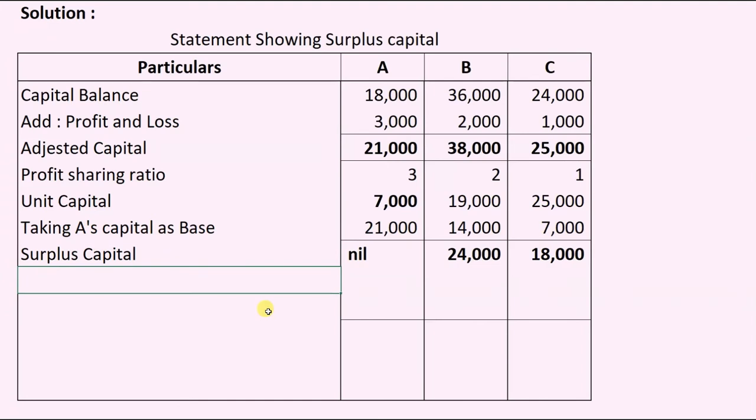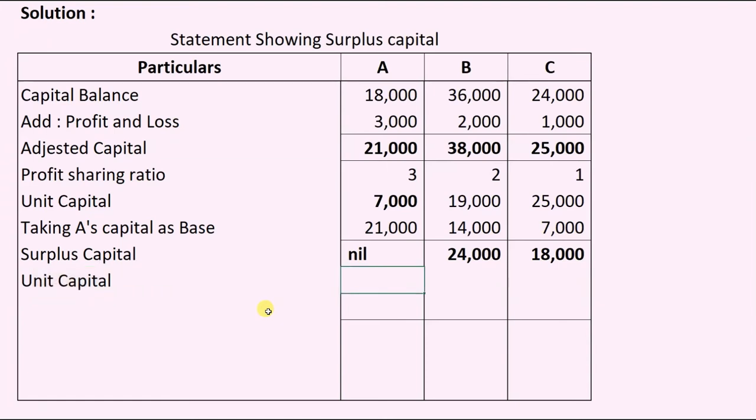We have to calculate absolute surplus, so we will again calculate unit capital. So we will divide it by the profit sharing ratio. 24,000 divided by 2, 12,000, and 18,000 divided by 1, 18,000.